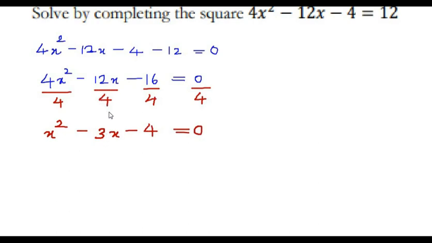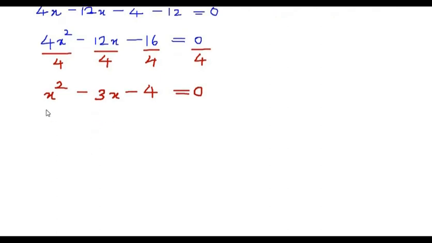Now we have to use the completing the square method to solve this expression. Again we are going to take the first two terms only. So write it as x squared minus 3x, and then we take the coefficient of x, that is 3, and divide it by 2.